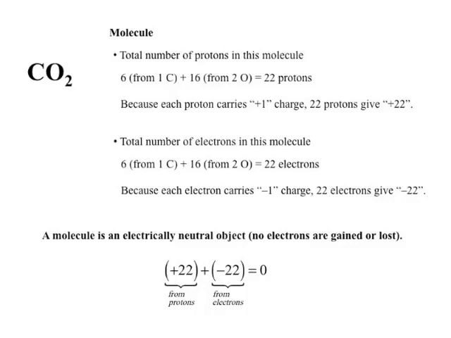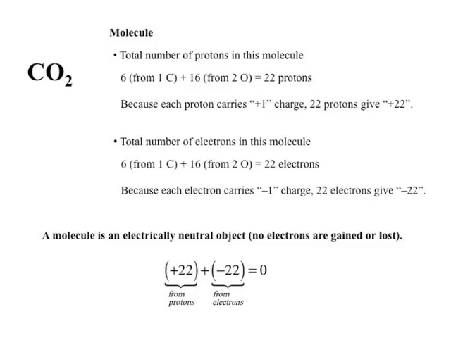It is 22 protons. 6 protons from 1 carbon and 16 protons from 2 oxygens. So total, there are 22 protons. And because each proton carries positive 1 charge, 22 protons give positive 22.